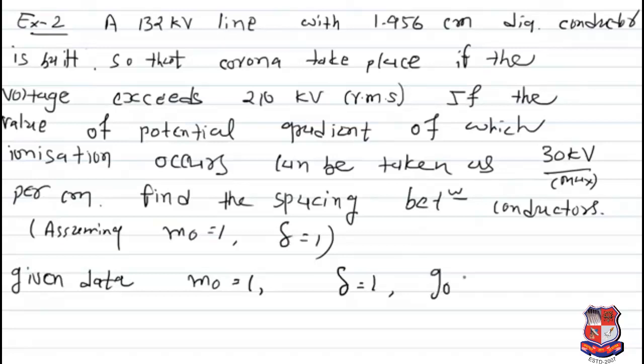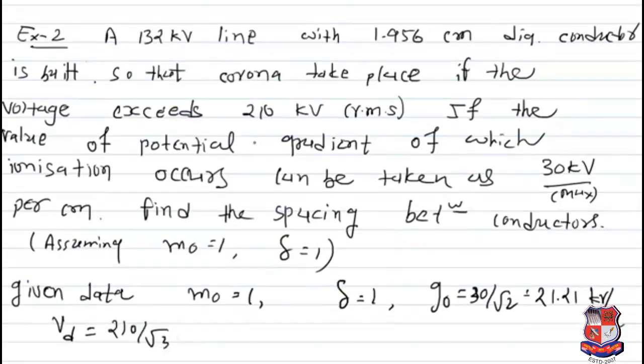Then G0 equal to 30 by root 2, it is 21.21 kilovolt per centimeter, which is given, right? And the disruptive voltage VD is also given. That value is 210 by root 3. Why divided by root 3? Because it is line value, so phase value is divided by root 3, so 121.25 kilovolt, right? So these are the data.